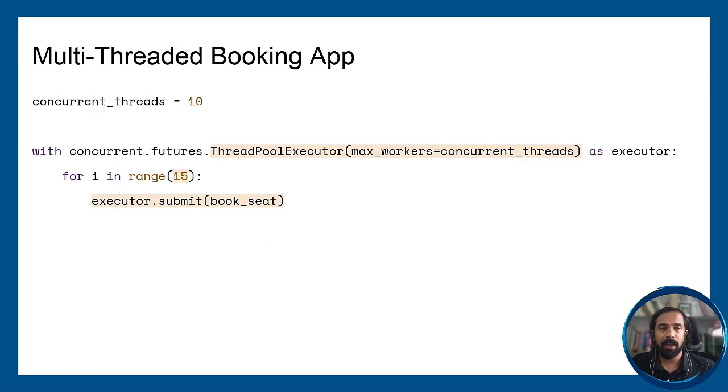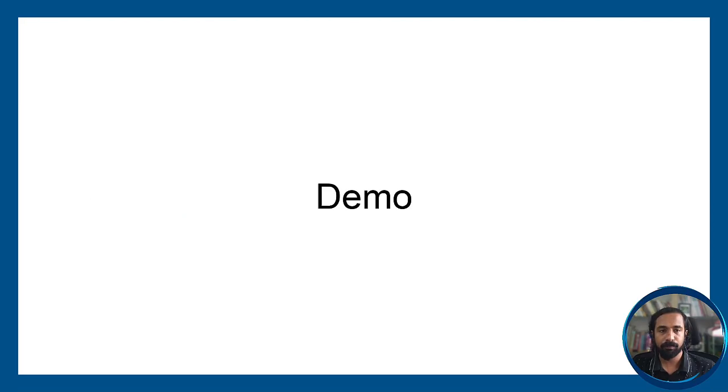To make our booking app multi-threaded, we are initially going with 10 concurrent threads and we are using a thread pool executor with our max worker count as the concurrent threads. So a maximum number of 10 threads will be executing at the same time, and these threads try to concurrently call the book seat function we have defined previously.